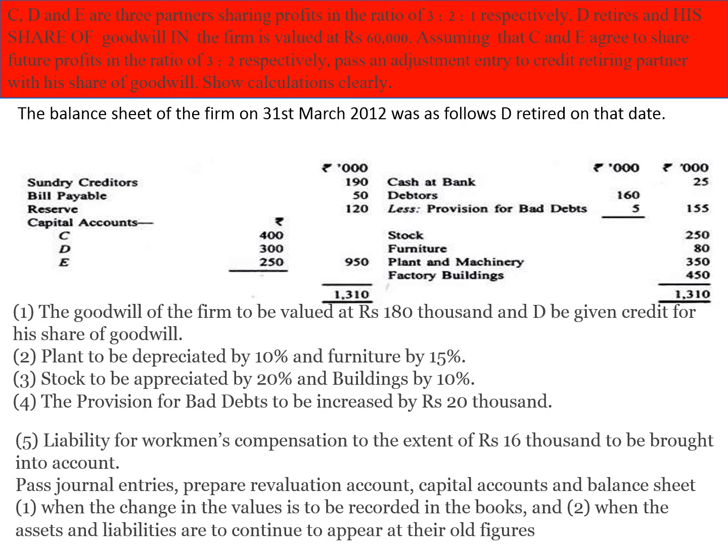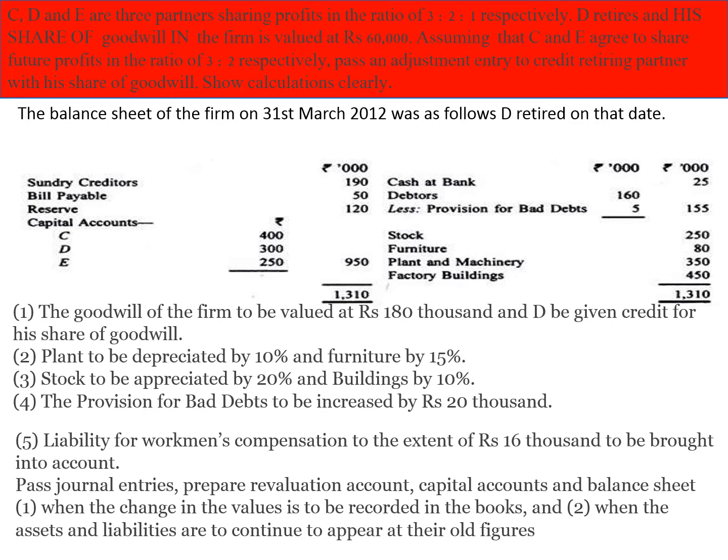Stock to be appreciated by 20%. Value of stock has increased by 20%. Stock is 2,50,000, so 20% of that comes 50,000. And building by 10%. The value of building is 4,50,000, 10% comes 45,000.